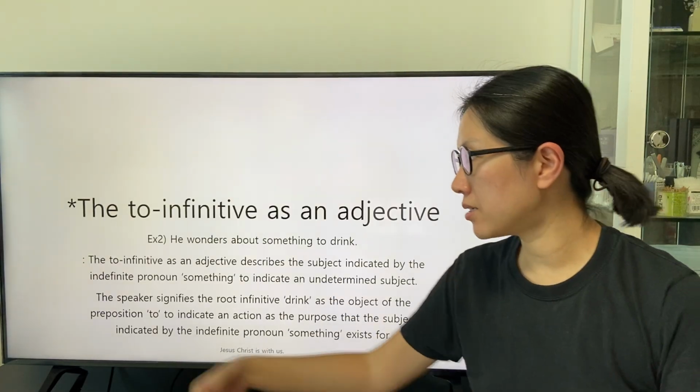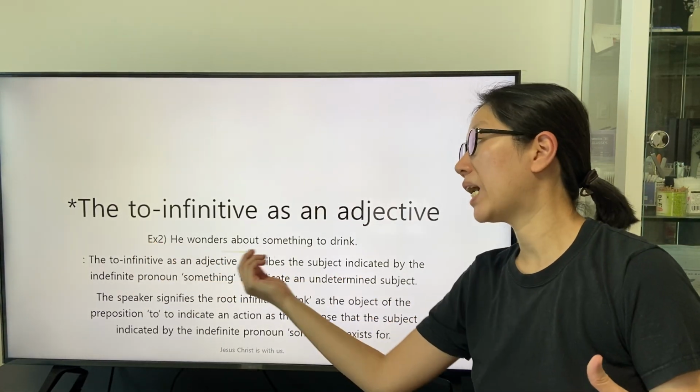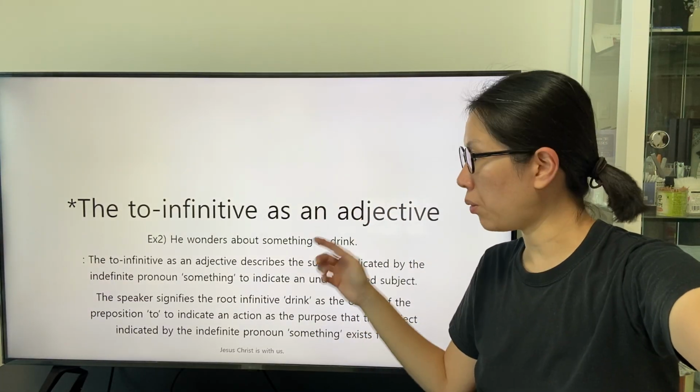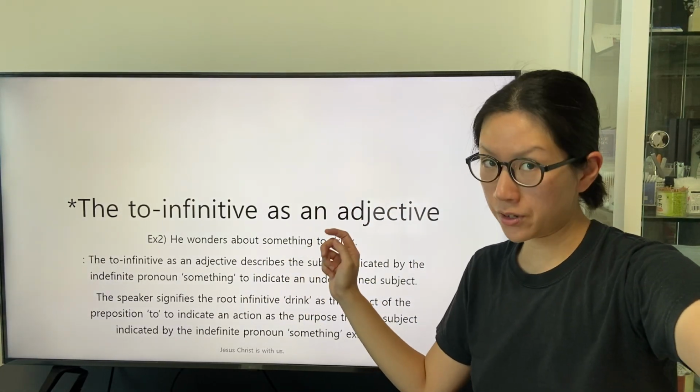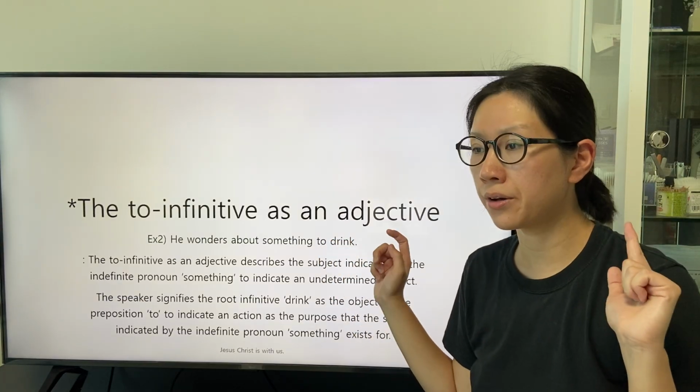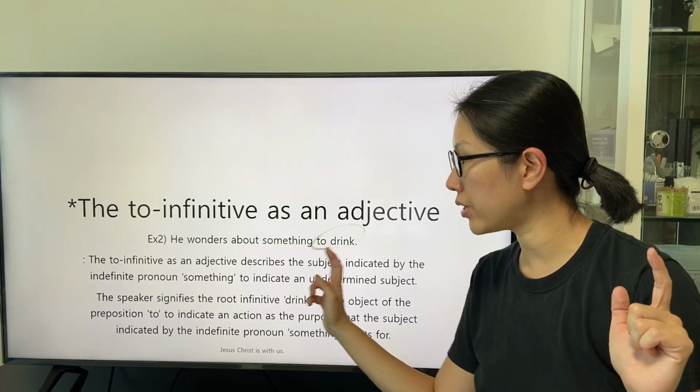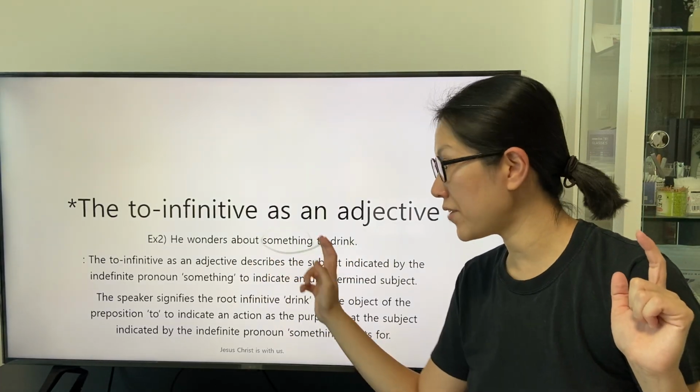The speaker states this clause from left to right, so the listeners listen to the word something at first, and then the listeners hear the descriptive phrase to drink after the indefinite pronoun something.